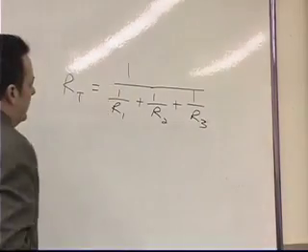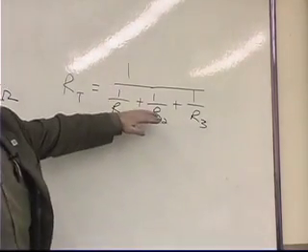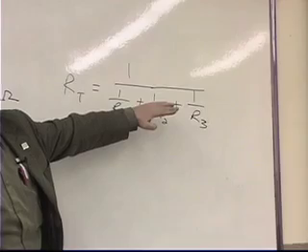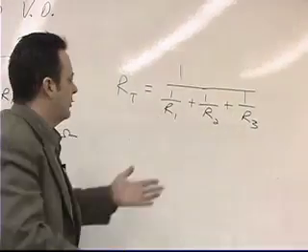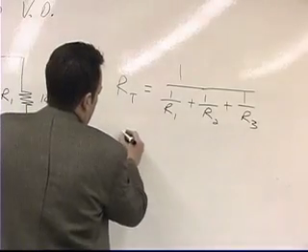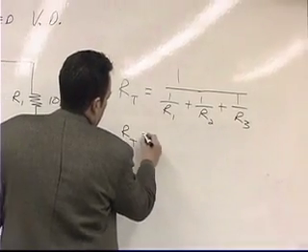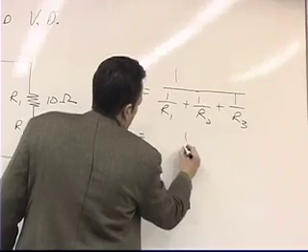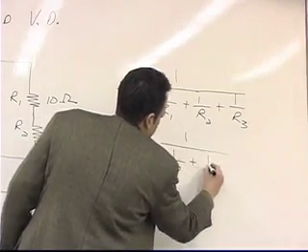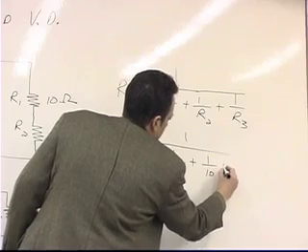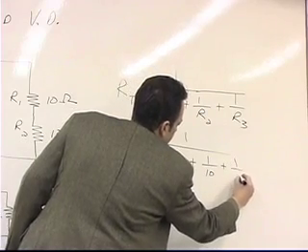Okay? Then what I suggest doing, if you're trying to put this into your calculator, and let's give it some numbers. Let's say that we had a circuit where we had 1 over the inverse of 10 plus the inverse of 10 plus the inverse of 5.